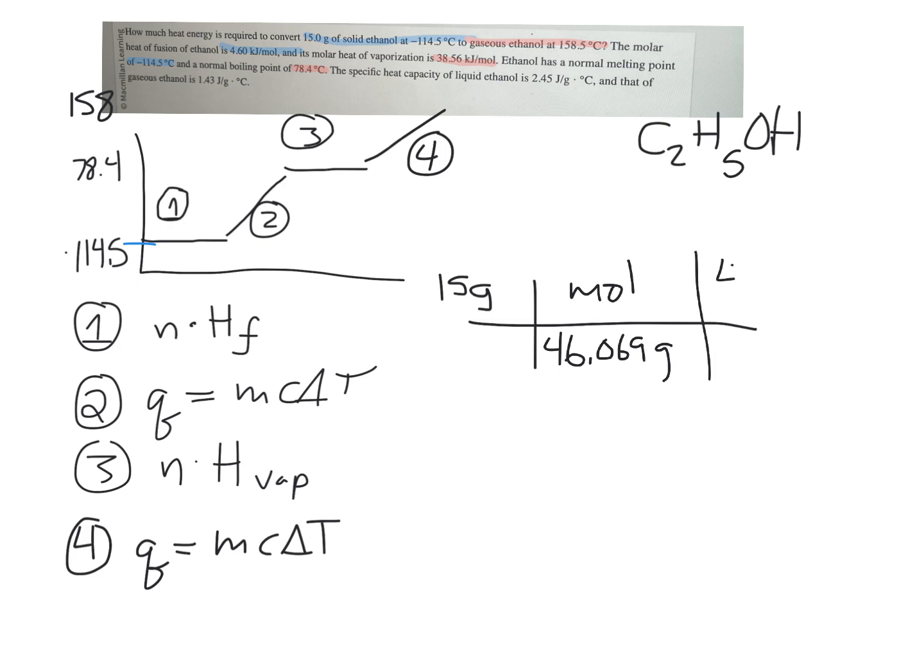I just use the molar mass of ethanol. If you're not familiar with ethanol, it's C2H5OH. It's ethane with an OH group attached onto it, for those of you who are going on to organic. And so this will tell me how much energy it costs to melt the ethanol. It will give me an answer in kilojoules, right? Notice I have kilojoules here. For leg 2 and leg 4, I'm going to have an answer in terms of joules.